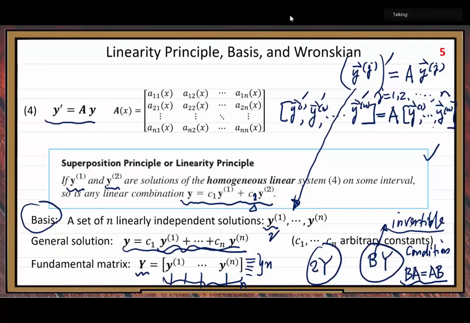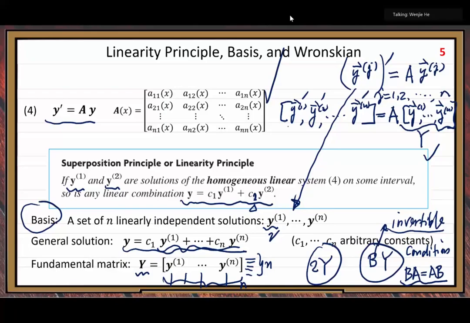Now you just pack those columns together. That's true, no problem. Now, can you see this matrix is our fundamental matrix, capital Y? That's by the definition, capital Y.